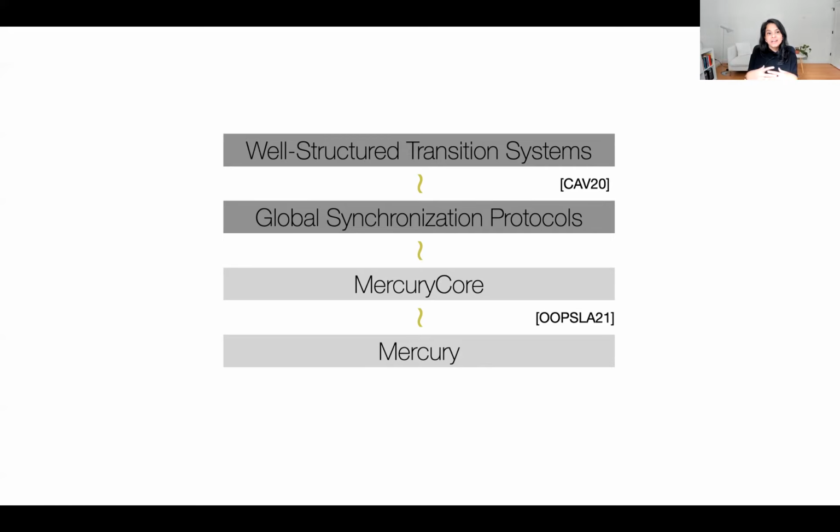We defined these global synchronization protocols which can abstractly model agreement-based systems, and we extracted a decidable fragment corresponding to it. The decidability result was based on well-structured transition systems, if you are interested.